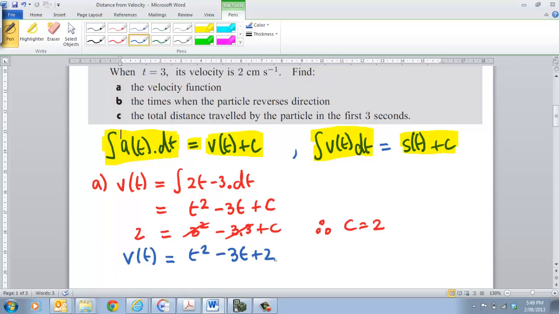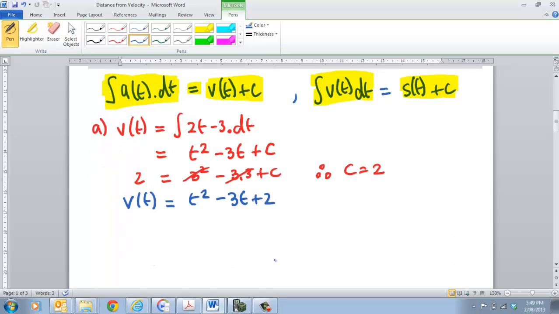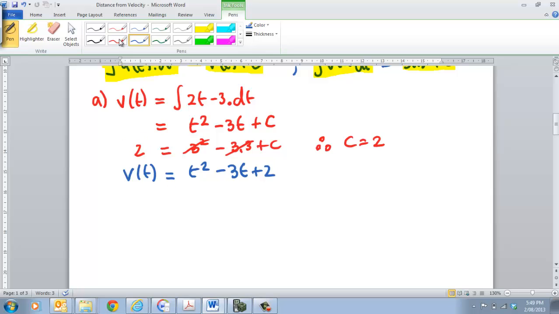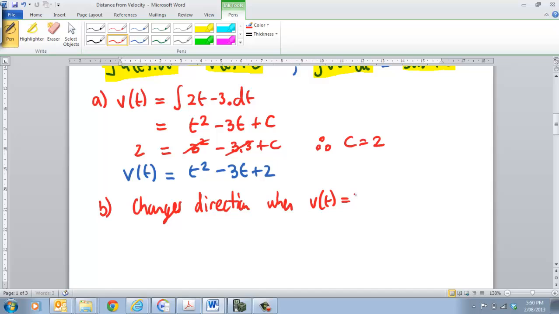All right. So now the times when the particle changes direction is going to be what? Well, it changes direction, obviously, when the velocity is equal to 0. All right, so that's the key concept that you need to understand there. So it changes direction when v of t is equal to 0. All right, so that's really what I have to do.